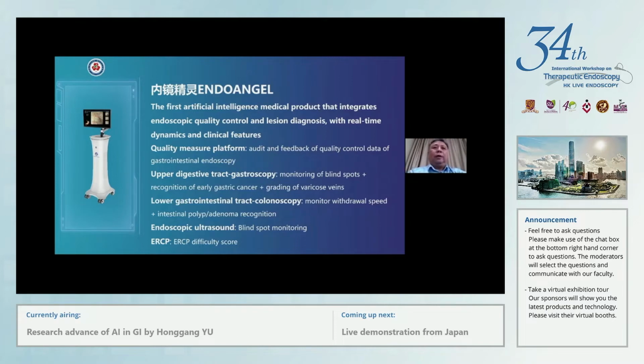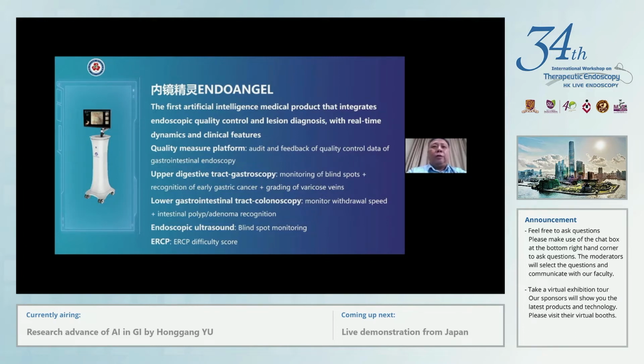The special thing about ENDOANGEL is that first we focus on quality control, and then we go ahead to detect lesions in the GI tract.